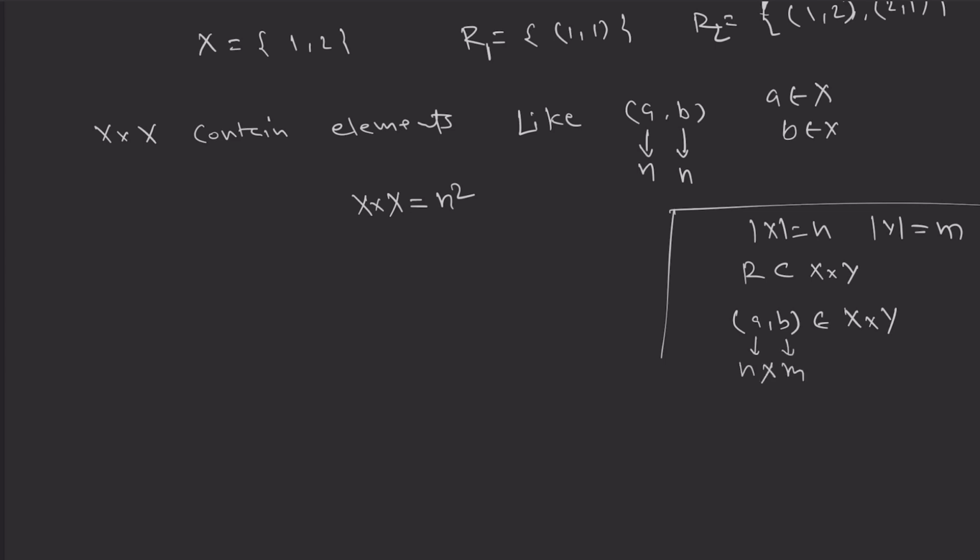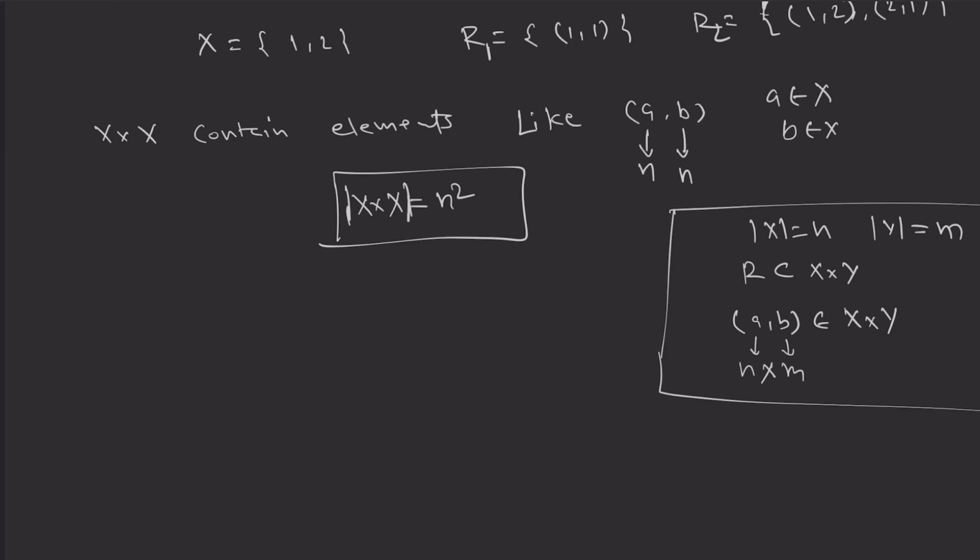So for X cross Y, there are n into m choices. But here we are looking at X cross X, so n into n, which is n square. So the cardinality of X cross X is n square.